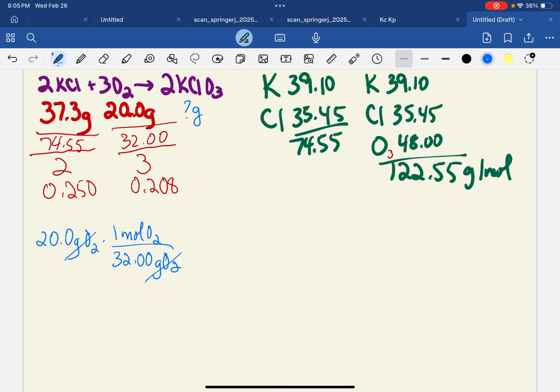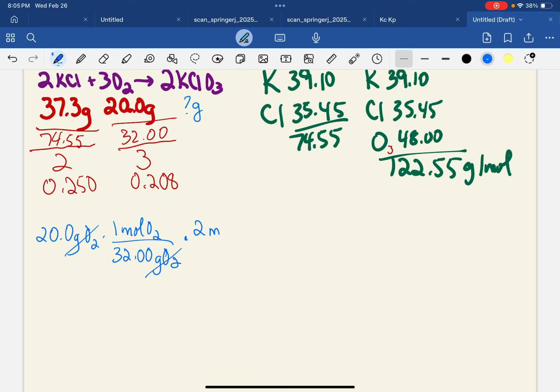So the grams of O2 will cancel. Times 2 moles KClO3 for every 3 moles O2. So the moles of O2 cancel. Remember, we're putting all these labels on so the things will cancel. We know we're putting them in the right place.